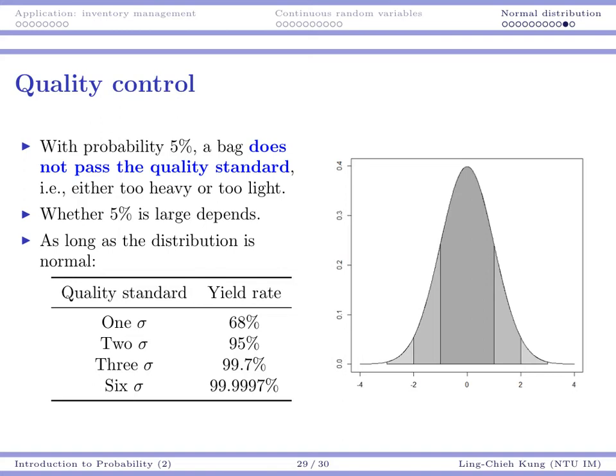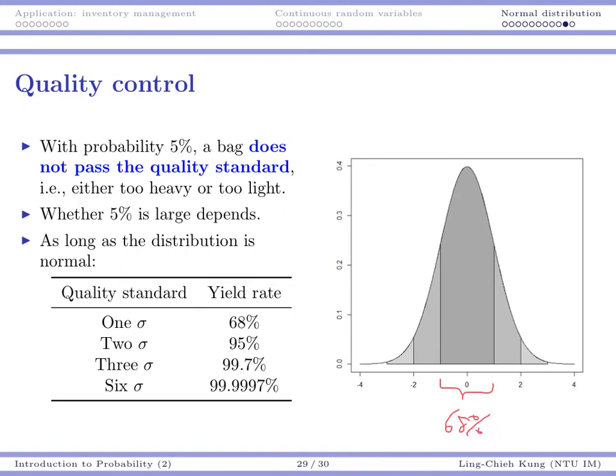In general, as long as your distribution is normal, we have the following general guidelines. For any normal distribution, the probability for the value to occur within one standard deviation is around 68%. So for this particular region, the probability, or the area, is 0.68.